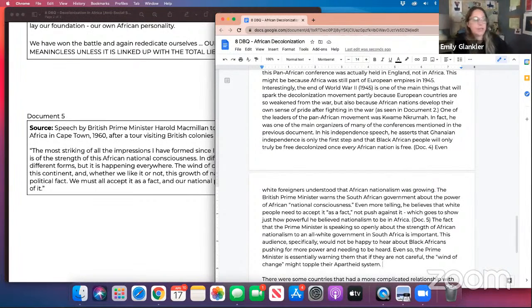It tells you something. This speech is even more powerful to me because he's not speaking to Nelson Mandela, not pandering to Black Africans who would love to hear this. He's telling this to the white supremacist government in South Africa, which makes this document even more powerful and reliable. This African nationalism must have been really strong because even all white men are talking about it. Which is pretty crazy.